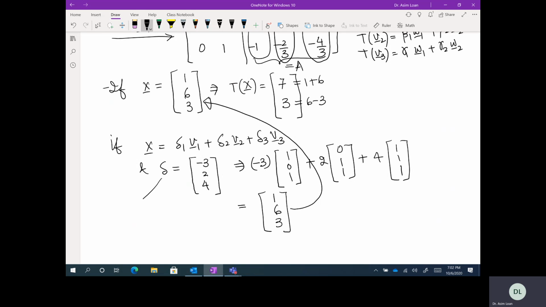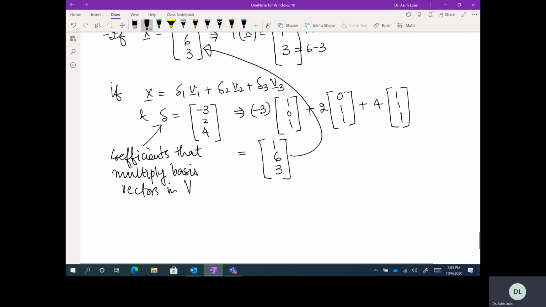So these are the weights. So these are coefficients that multiply the basis vectors in V. Okay.